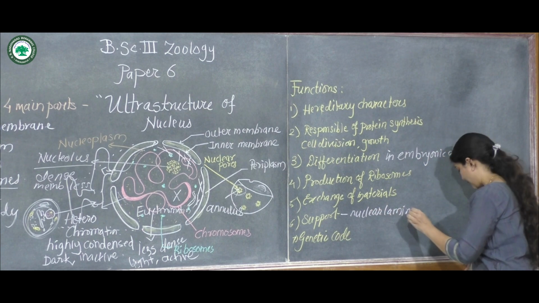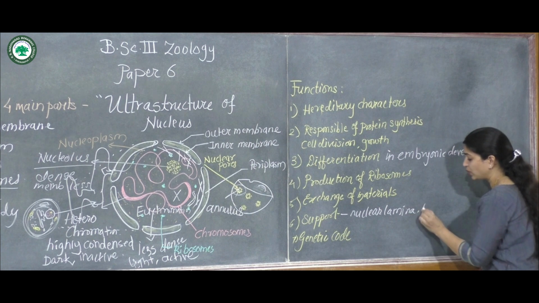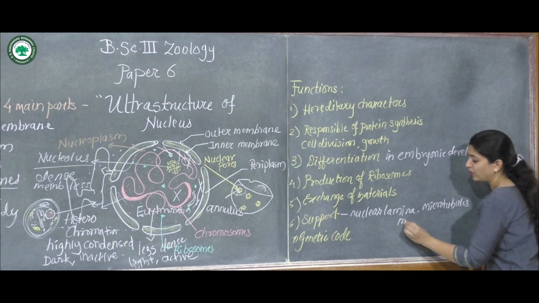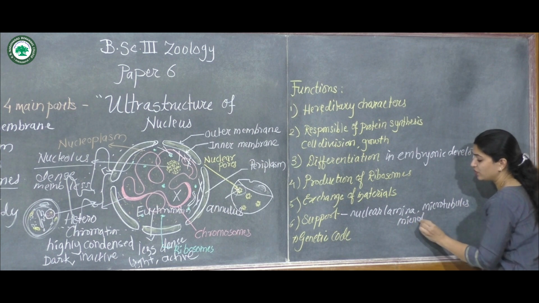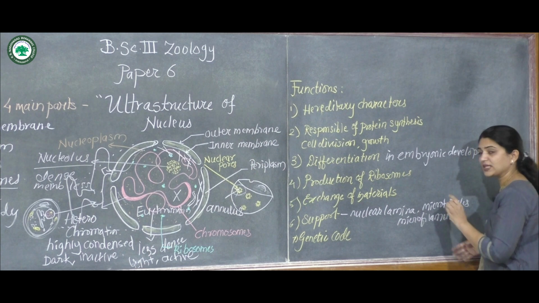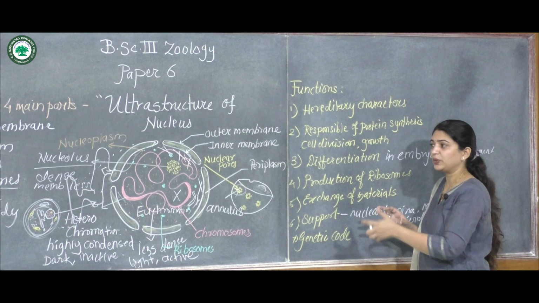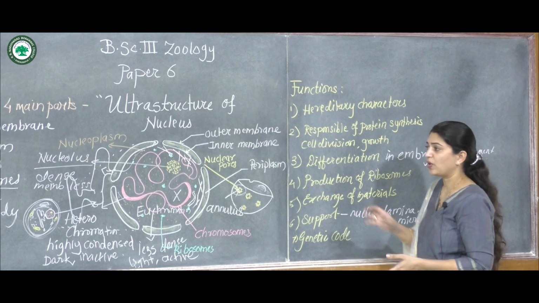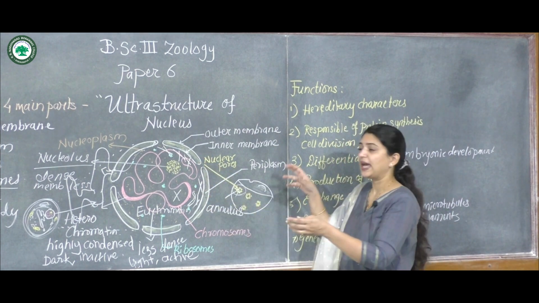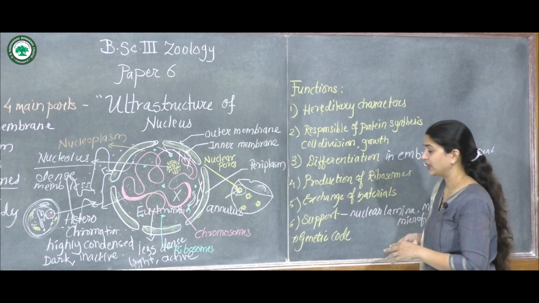These are all cytoskeletal elements, also microtubules and microfilaments. So with the help of this cytoskeleton, support is given by the nucleus to the cell, because all this cytoskeleton attaches to the nucleus and gives a definite structure.